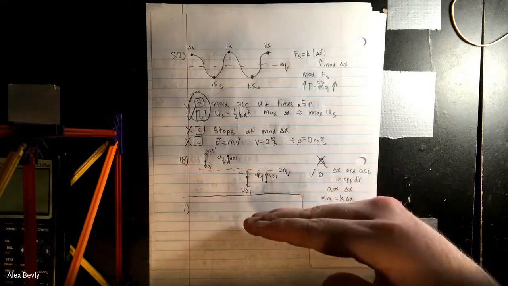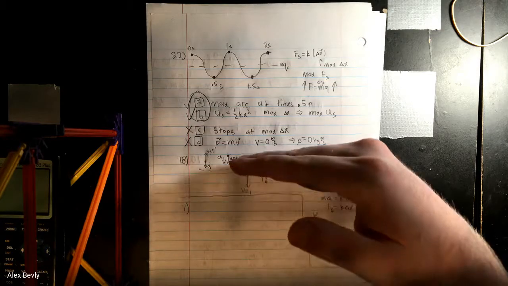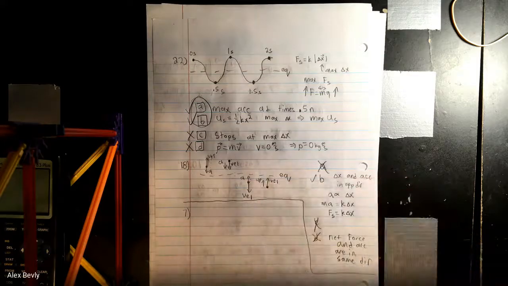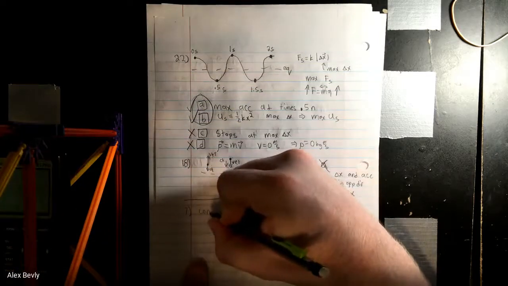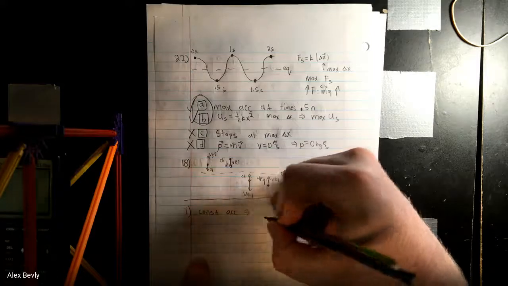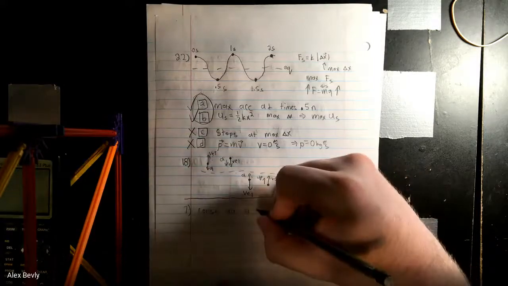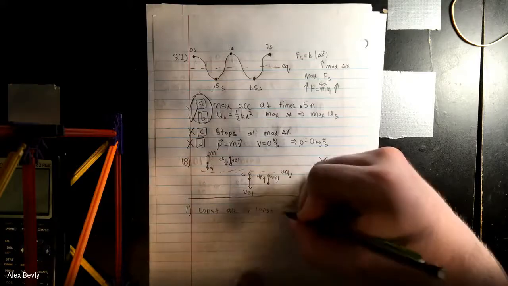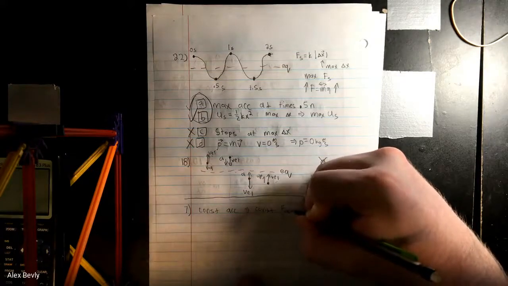If I let go, it's going to go up above and then back down below. So is there going to be a constant acceleration? In order for there to be a constant acceleration, what also has to be constant? We would need a constant net force. Is our net force constant?